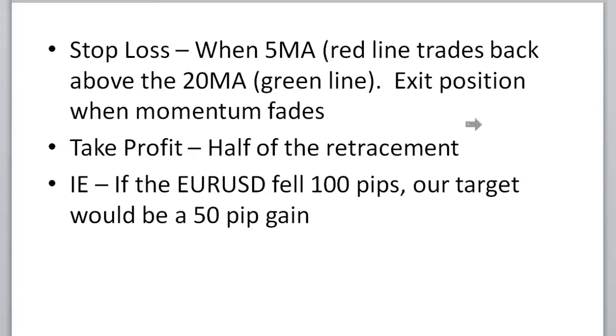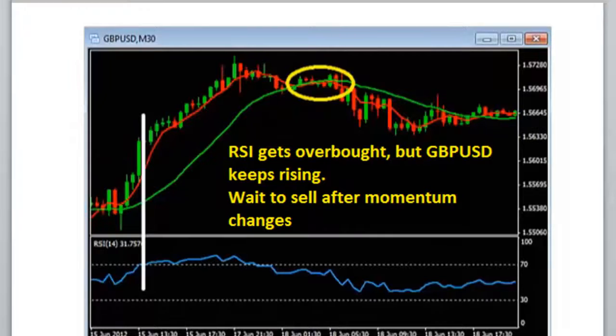Okay, so where do we put our stop loss and take profit? Our stop loss will be when the 5 period moving average, the red line, trades back above the 20 period moving average. So let's take a look at our previous chart. Over here, I would put a stop loss when this little red line trades back above the green line.